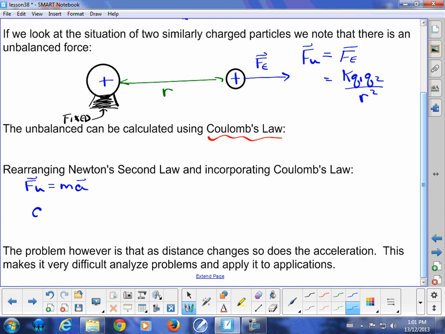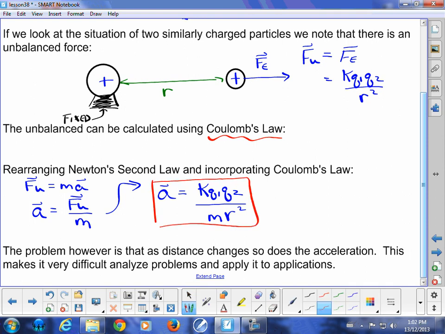So acceleration is equal to unbalanced force divided by mass. We just said the unbalanced force is the electric force from Coulomb's law. So the acceleration of a particle is going to be kQ1Q2 over the mass multiplied by r squared. I'm going to put a box around that.